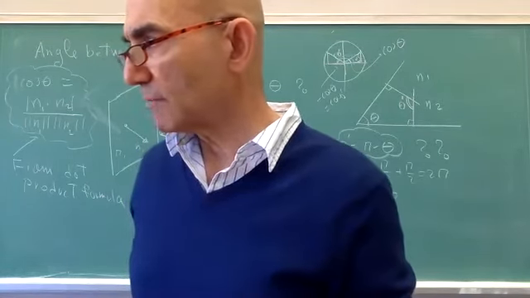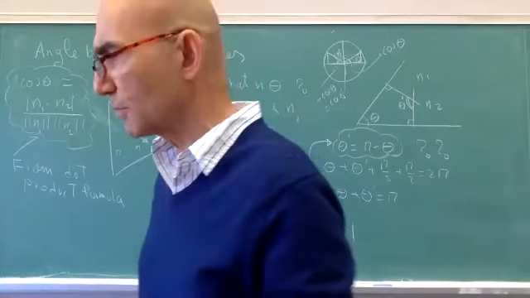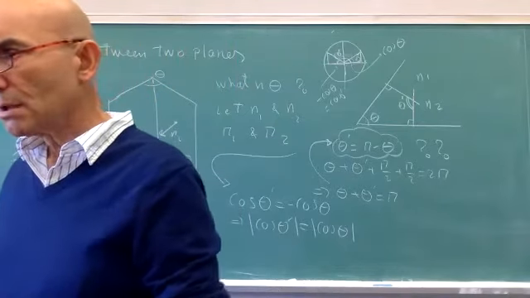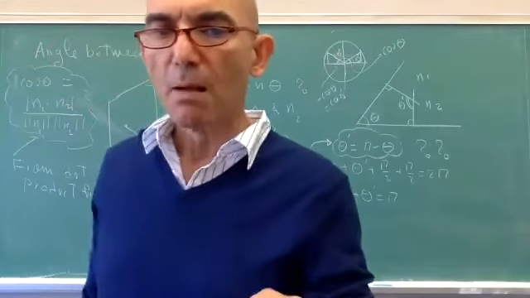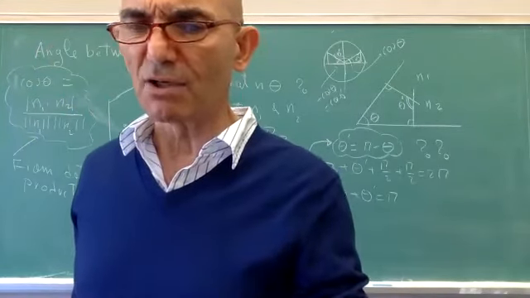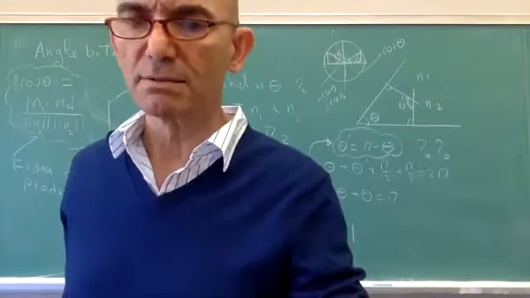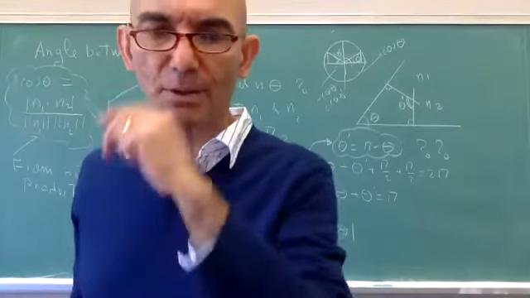I suppose, can we use cross product to compute angles between two vectors? What was the formula? Length of this, length of that, times sine of theta, right? So yes, we can do that. But doing dot is easier than cross. I think even I can see that.